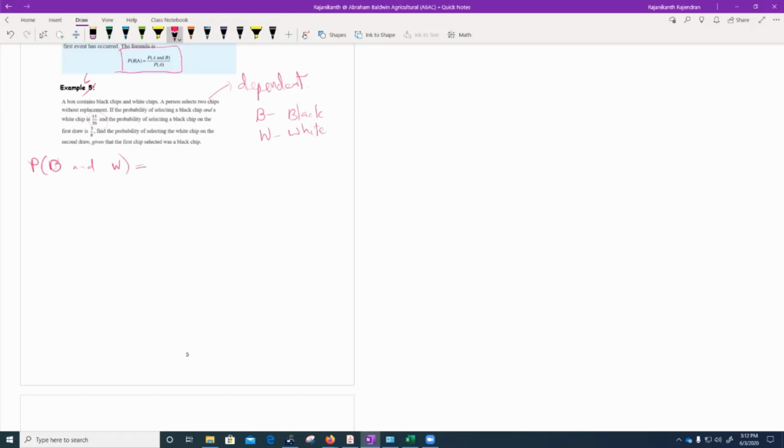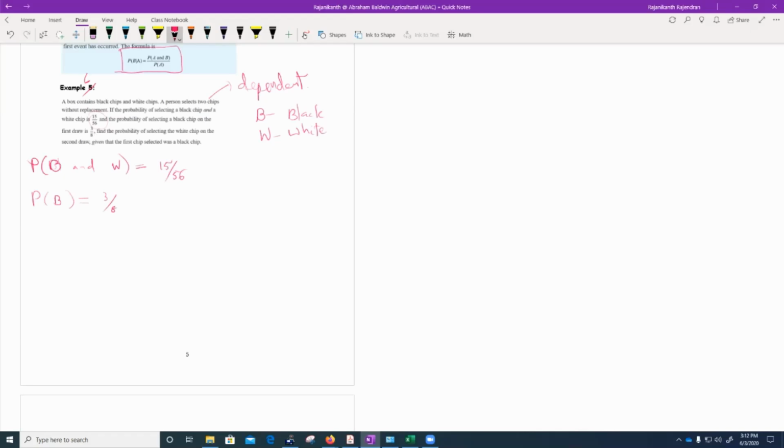So this probability is now given as 15 over 56, and the probability of selecting a black chip on the first row is also given as 3 over 8.